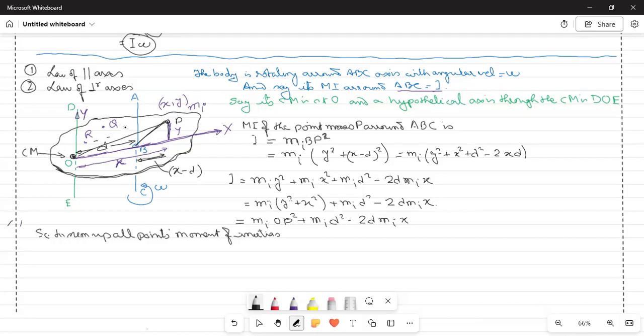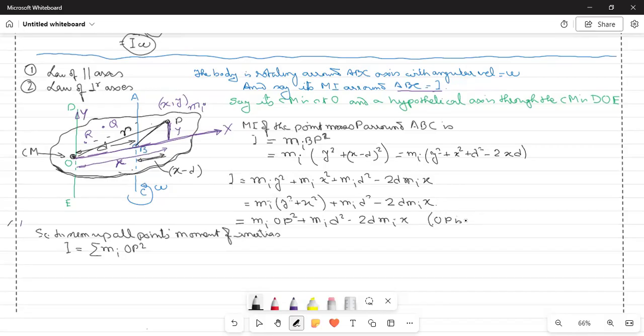All points on the body, we take all of them and we sum up, and that is equal to I. This is I equal to the summation of mi and OP². OP equal to r. OP is the position vector r if we measure it from the center of mass, right? We note it here so that you don't forget.